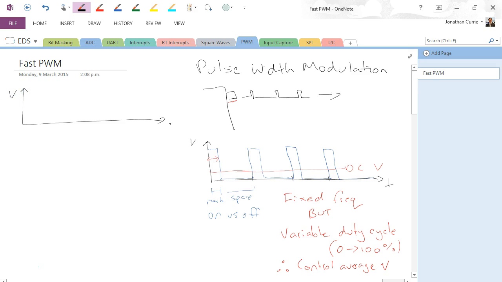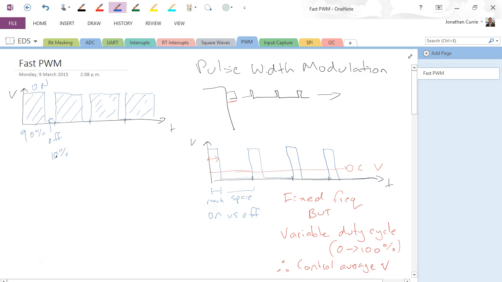So same thing again, voltage versus time with equal periods. Here's another waveform. And in this case, this is our on time. That's the on time and that's the off time. So let's say that's 90% on versus 10% off.